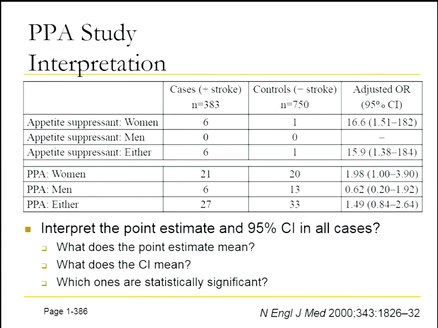The second half of this, almost a 2-fold increase, is not statistically significant, pretty darn close, because that confidence interval includes 1. The same is true for each of these other factors. So be able to look at that odds ratio, make some conclusions about a positive or a negative association, and then whether or not it's statistically significant.